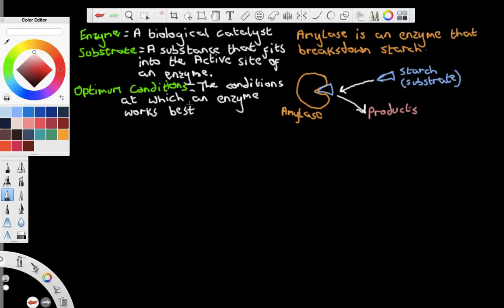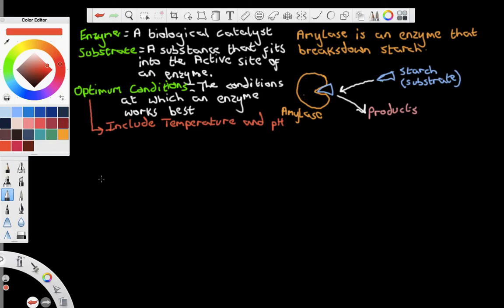Now, conditions that can be at their optimum for enzymes include temperature and pH. So amylase has a temperature at which it works best, and it also has a pH at which it works best.